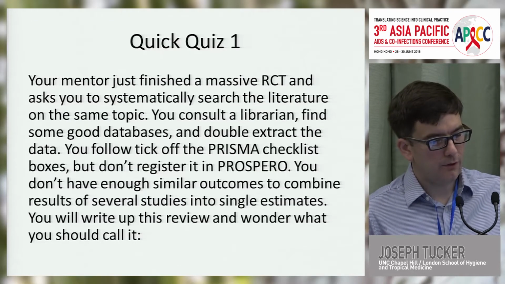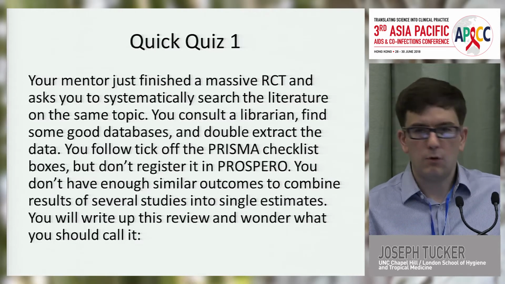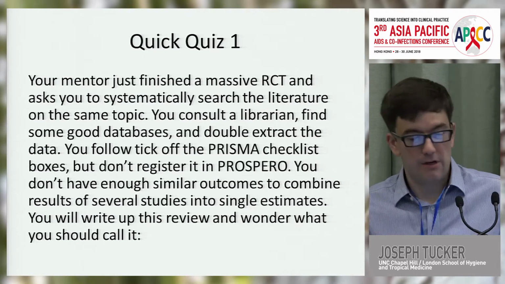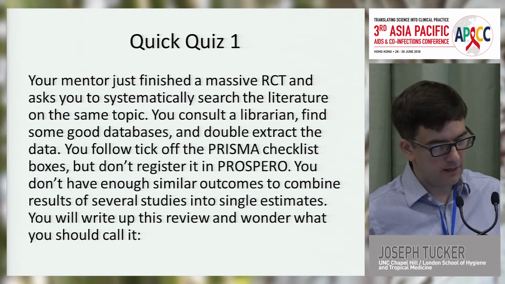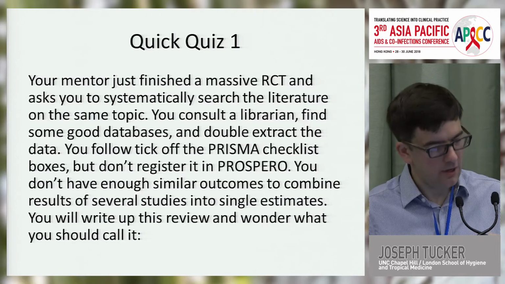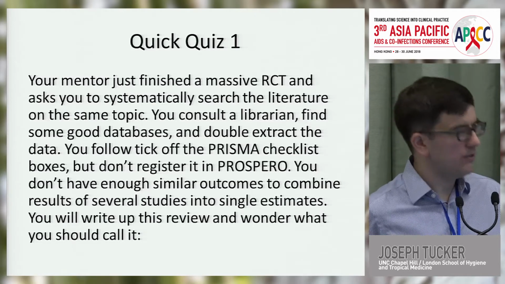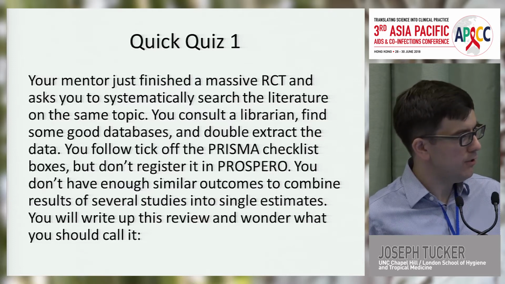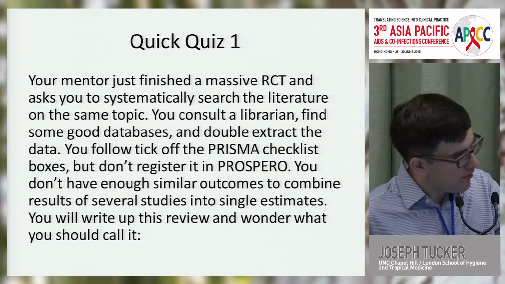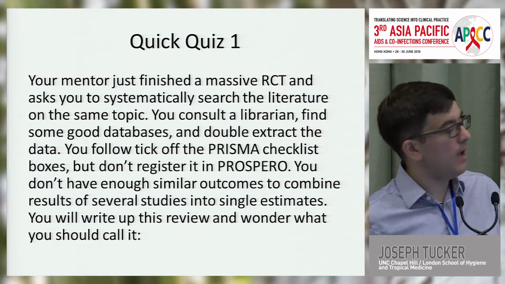So a couple of quick quiz questions are sprinkled throughout here. Your mentor just finished a huge RCT, and she or he says, all right, we're going to submit this to the Lancet Infectious Diseases. We don't know what the value added is. We need you to come up with that little box that says research in context. What is the value added?